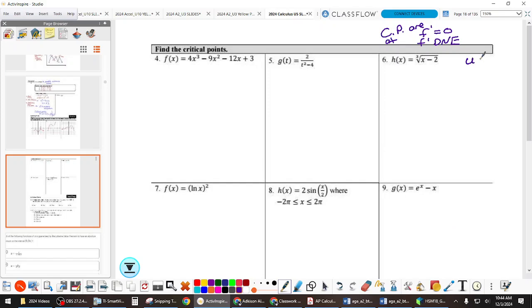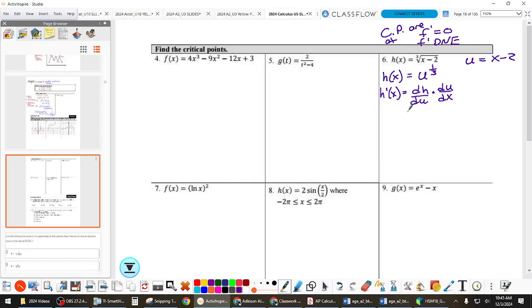So I'm going to do a u substitution, and then for this, say h equals u to the 1/3. So h prime is dh du times du dx, just kind of reviewing chain rule.